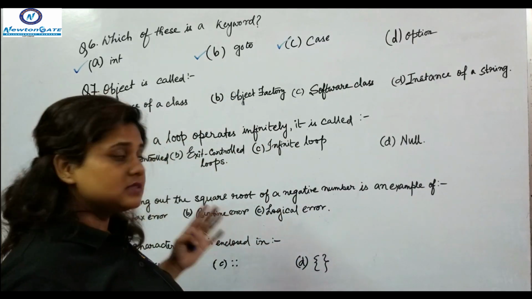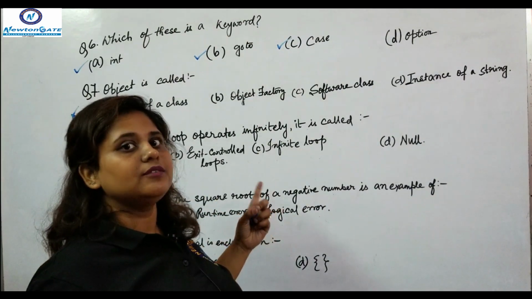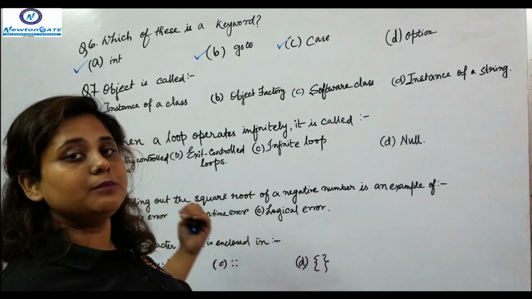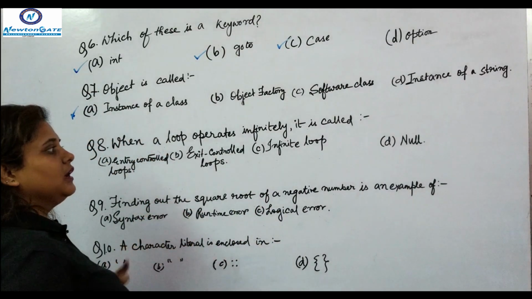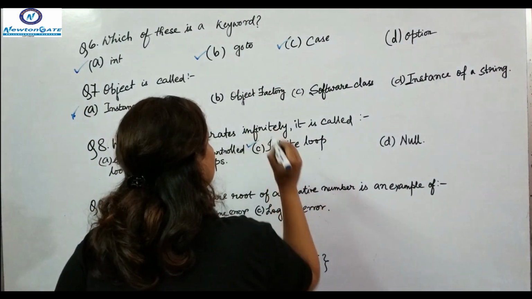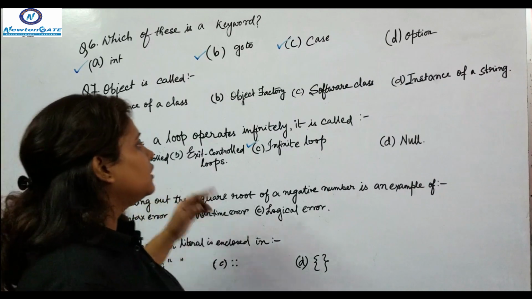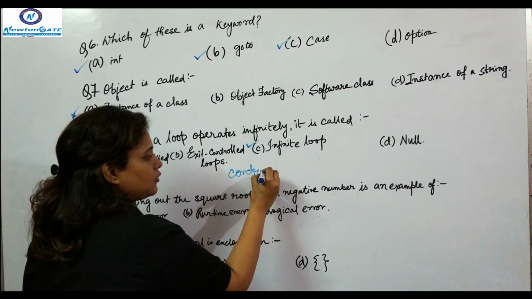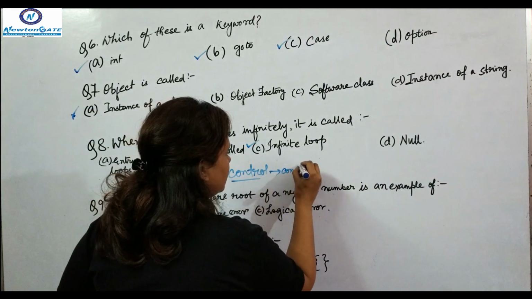Okay, next, see, when a loop operates infinitely, what will it be called? It will be called, very simple, exit control, entry control, infinite or none. It will be infinite loop, because this control is done by the conditions.